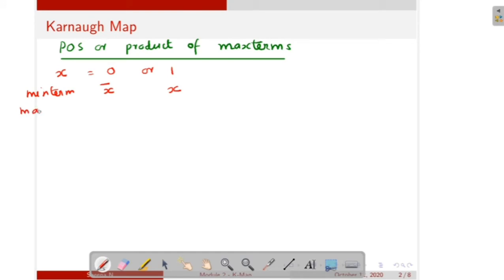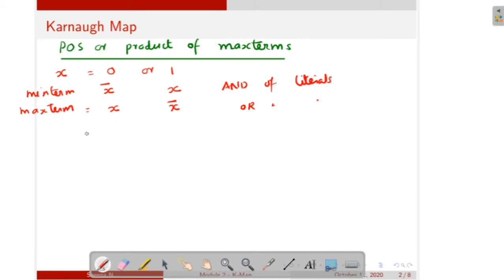But in the case of max term, if the value of x is equal to 0, it is unprimed, and if the value of x is equal to 1, it is primed. Min term means AND of literals, but max term means it is OR of the literals. So that is the difference between min term and max term.